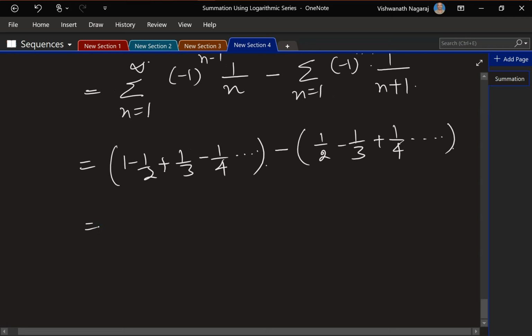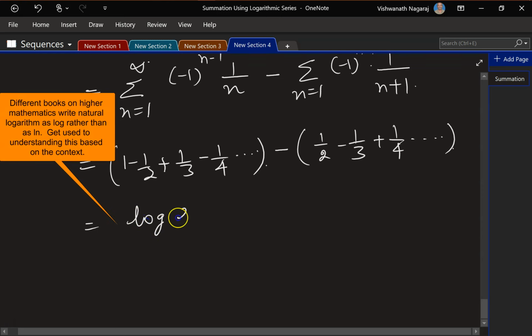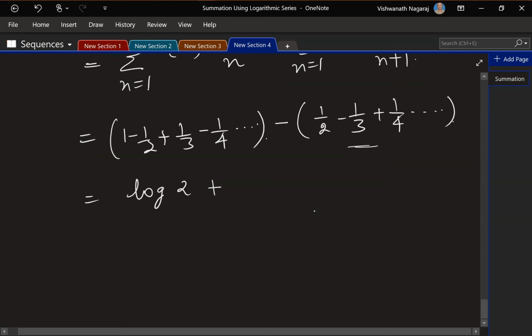And these are the patterns we recognize, right? This is nothing but log 2. Yes. Now let's take this minus inside. So this becomes plus minus 1 by 2 plus 1 by 3 minus 1 by 4 and so on. And if you notice, this series and this series is same. The only thing is 1 is missing now.